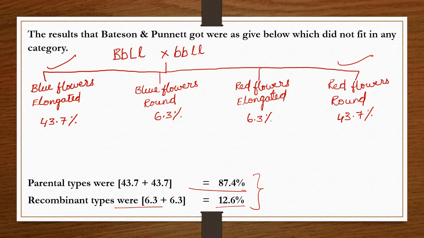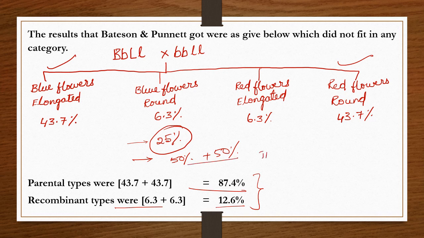So this result does not belong to the first category, the law of independent assortment, in which all four types appear at 25% each. In the second category, the parental types occur at 50% each: 50% for blue flowers with elongated pollen grains, and 50% for red flowers with round pollen grains.